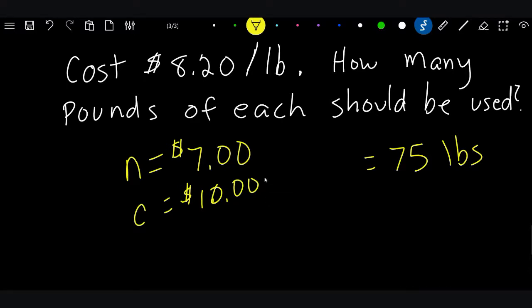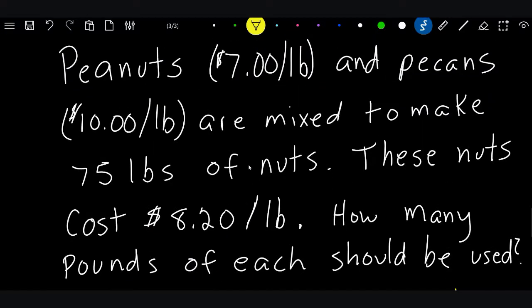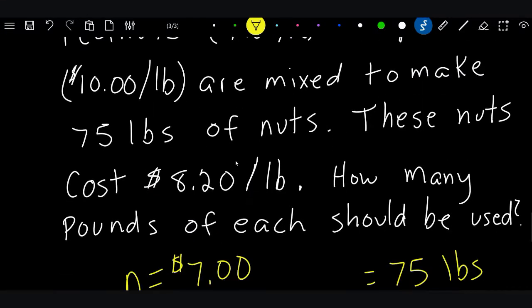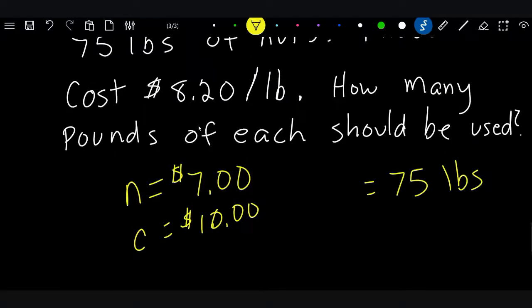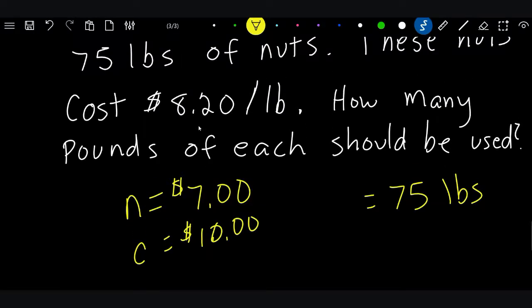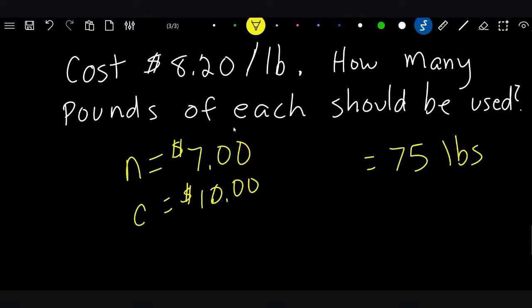That's like a huge grocery store, and they maybe had to have this big thing in the middle with just a bunch of mixed nuts. It'd take you a long time to eat 75 pounds of nuts. These nuts cost $8.20 per pound. So when we mix them together, we end up getting that. So they're also going to equal $8.20 per pound.